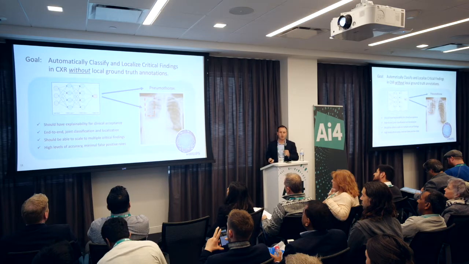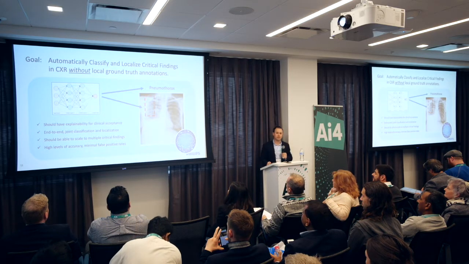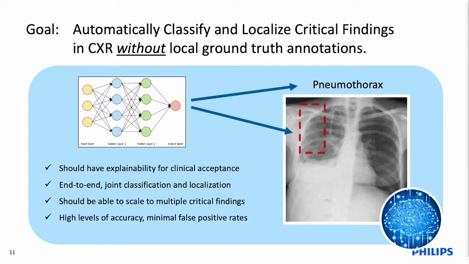So the goal of my work and the work at Philips is to automatically classify and localize these critical findings in chest X-rays, but without using these local ground truths. And some features that we would like in our design of our network is that it should be explainable so that a clinician could accept the prediction.